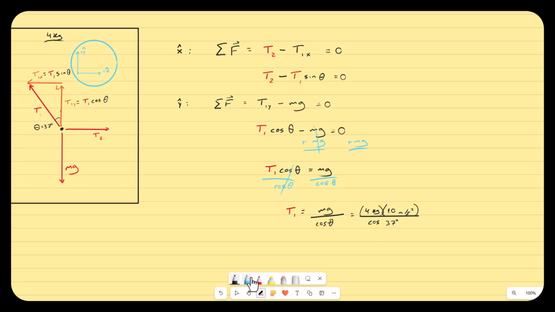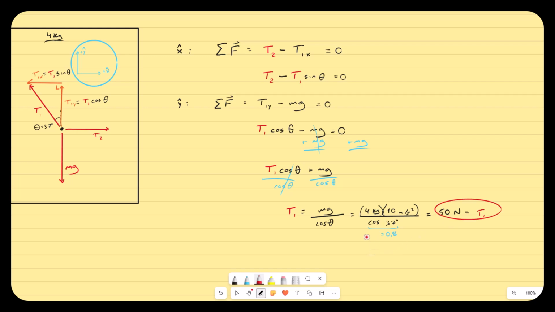The cosine of 37 degrees happens to be equal to 0.8, or 4/5. So I get a value here. 4 times 10 is 40, over 4/5, so times 5/4 is 50. And there's my T1. I am halfway done with my problem.